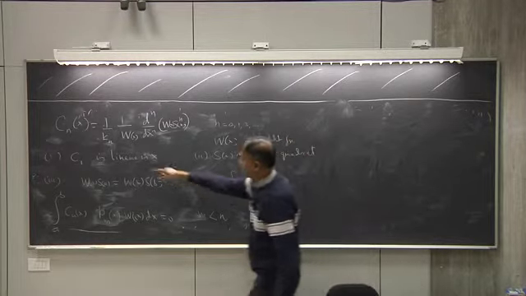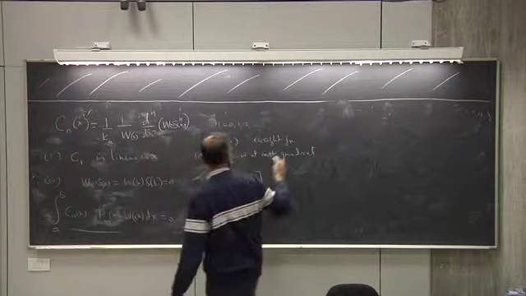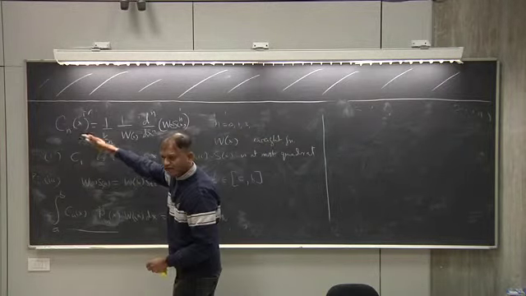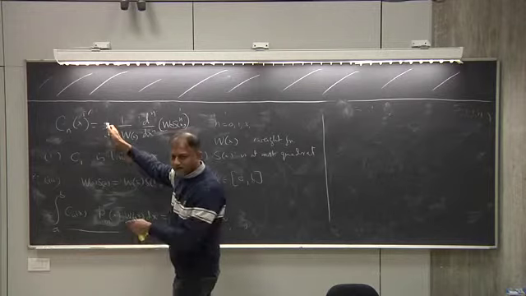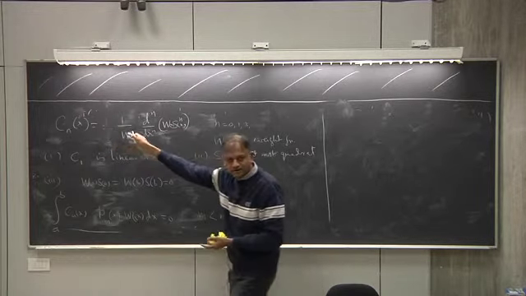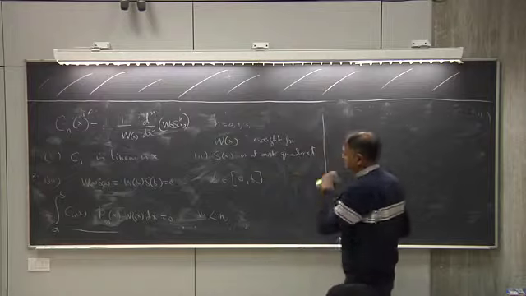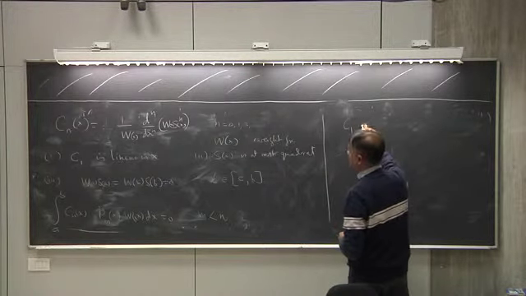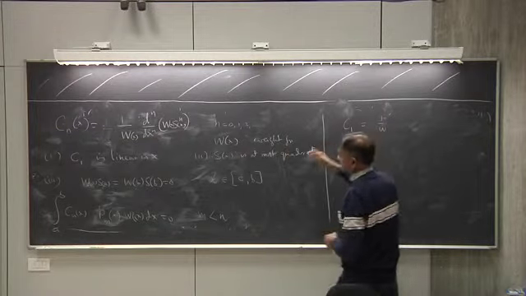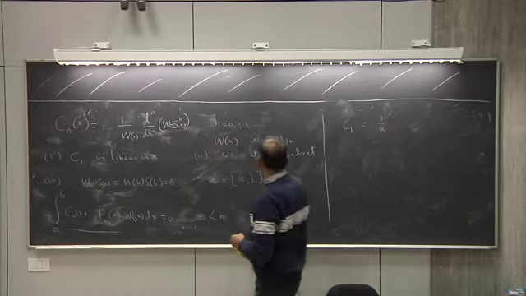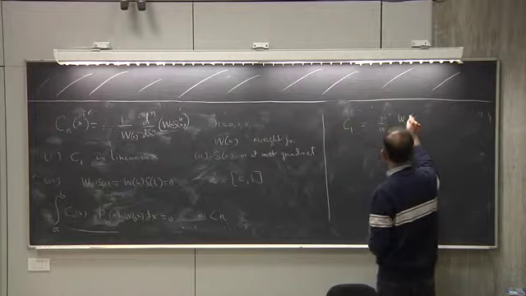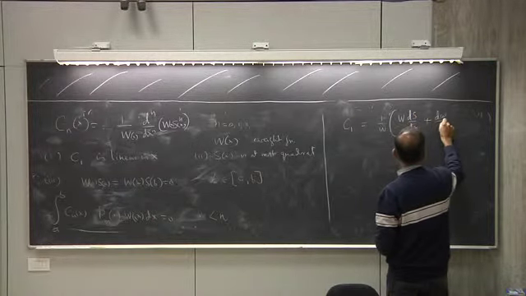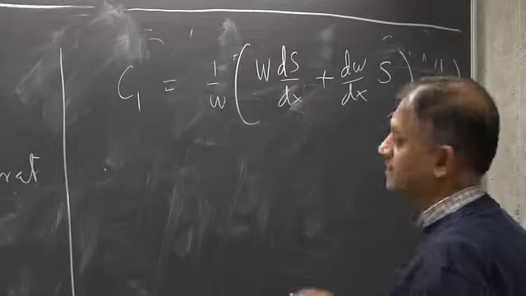First, let's look at the C_1 condition. Let's forget this K_n for the moment, because we'll put it in at the end as some convenient choice of constants. So C_1 is simply 1 over w, and I just take one derivative, n is 1. So there will be two terms: w ds/dx plus dw/dx times s.